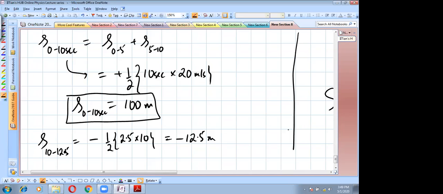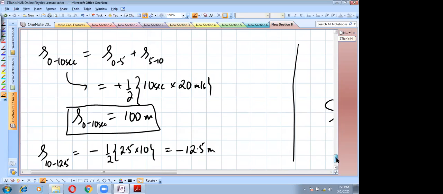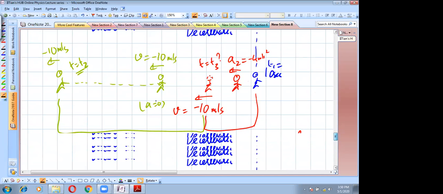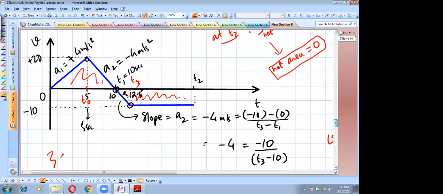I hope this is clear. So that small triangle over here, this one's area: this time interval from here to here is 10 to 12.5, so the base is 2.5 seconds, and the height is this 10, but with a minus sign. So the area comes with a minus sign, and that area comes out to this one.